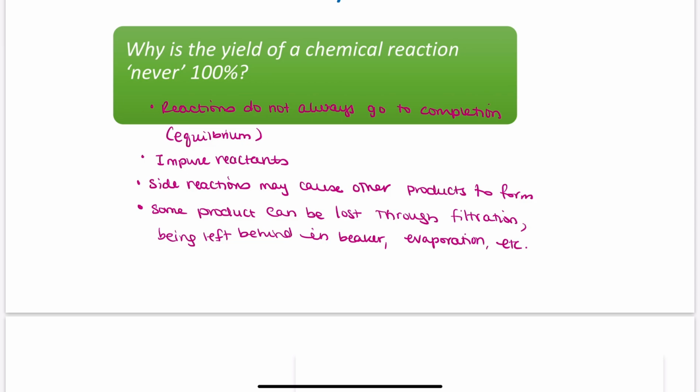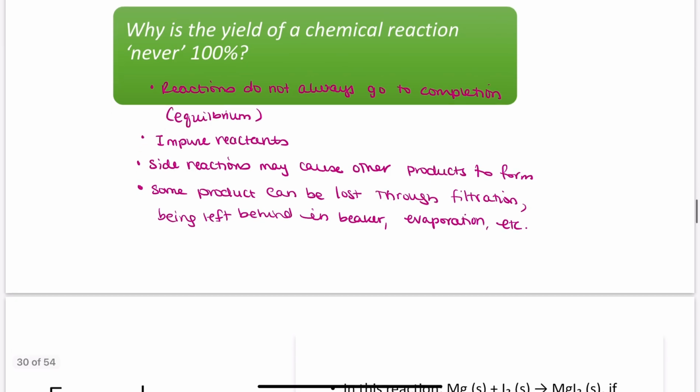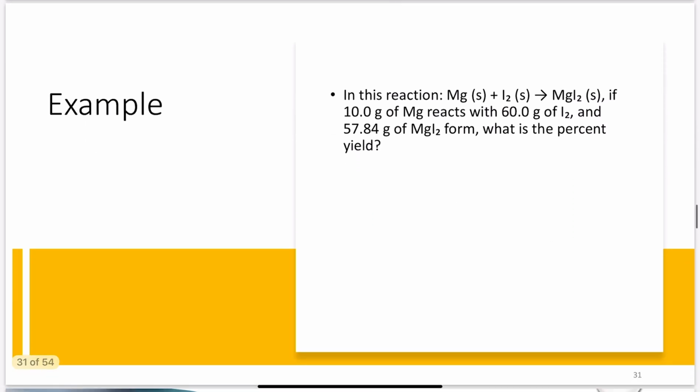And so you're not going to get 100% yield because you're just losing your product other places. I apologize. So for our last example for this module, let's go ahead and work this example.